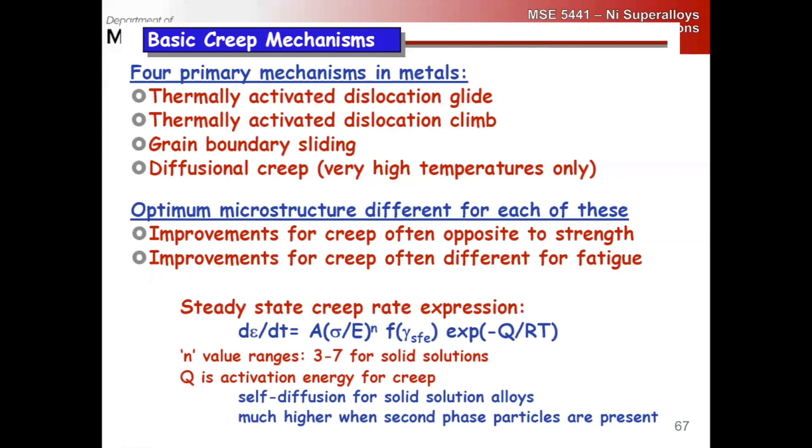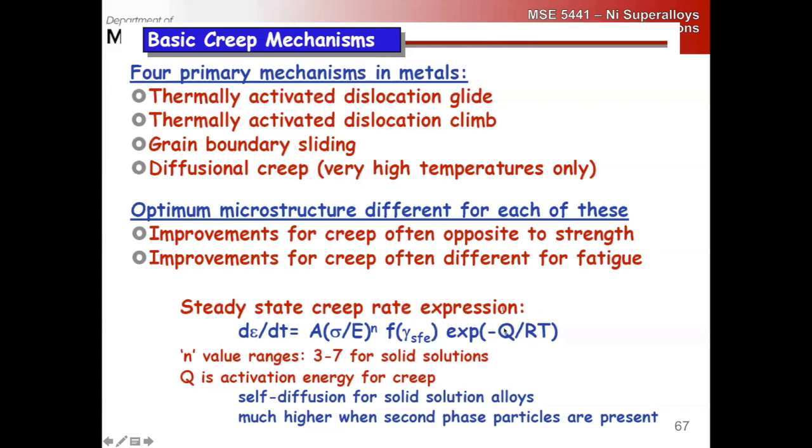We're not going to get into exactly where this expression comes from, but this is a common engineering approach, to write the steady state creep rate as a power law prefactor with an exponential like this.